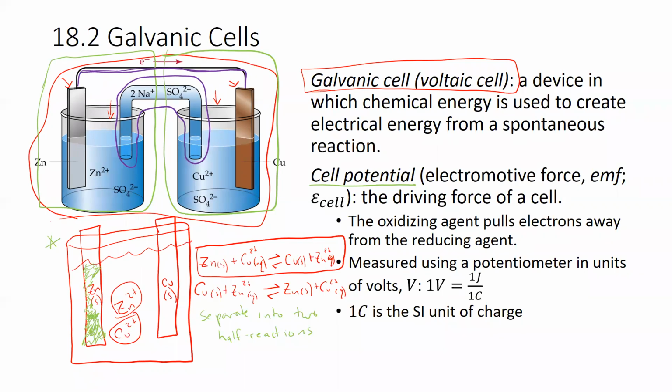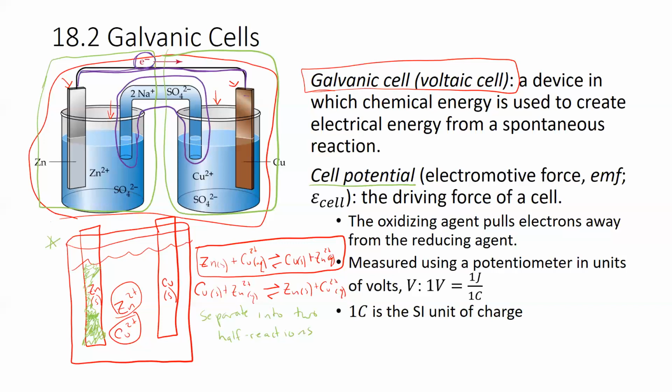With all of these electrons in the wire moving in only one direction, you'd build up a bunch of negative charge on the right side very quickly, and that would stop the reaction from occurring. So there's this other piece, the salt bridge, that connects the two reactions and allows the charges to stay neutral overall, which allows the chemical reaction to occur.